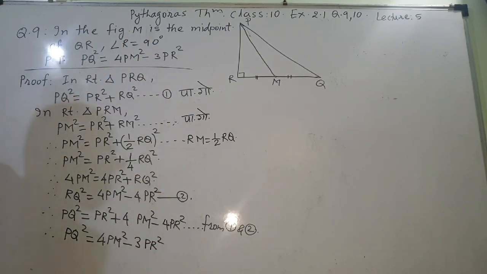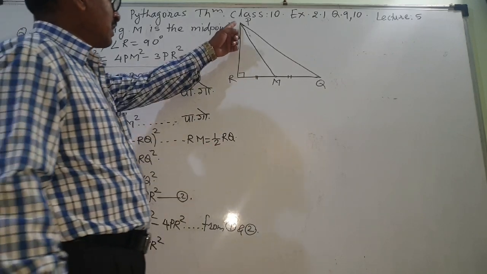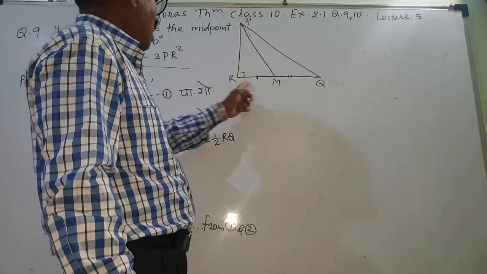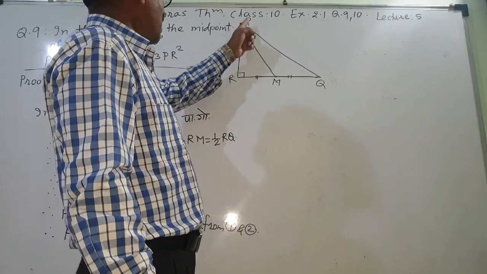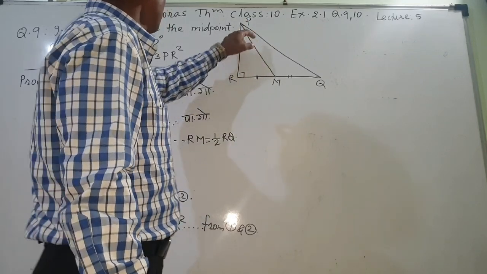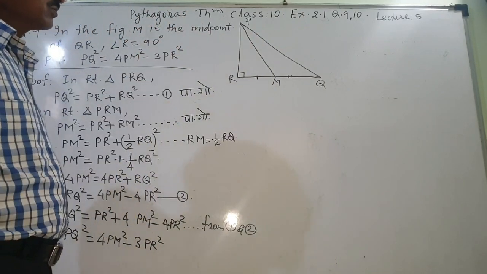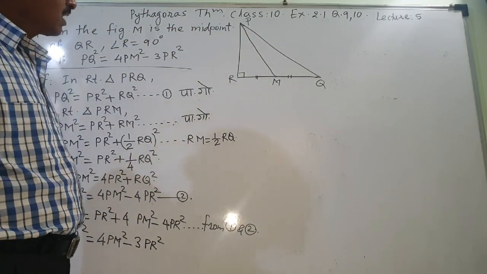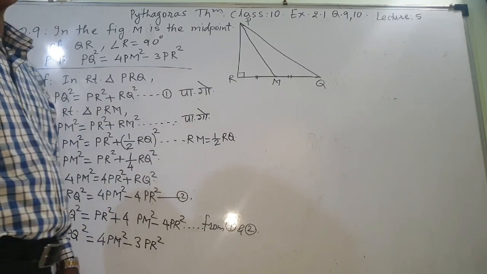Now here we can see two right angle triangles. PRQ, this one, and PRM, these two. As the lesson is on Pythagoras theorem, there is no other way other than going for Pythagoras theorem.